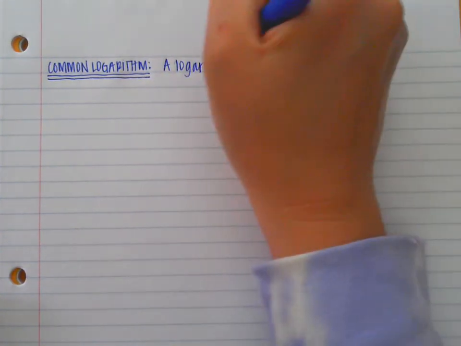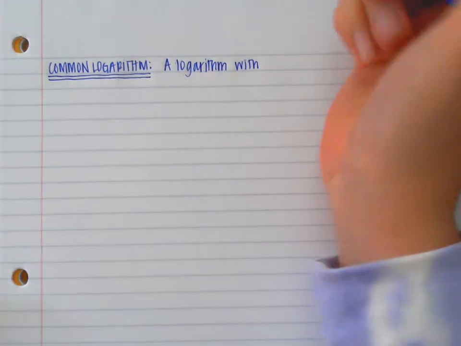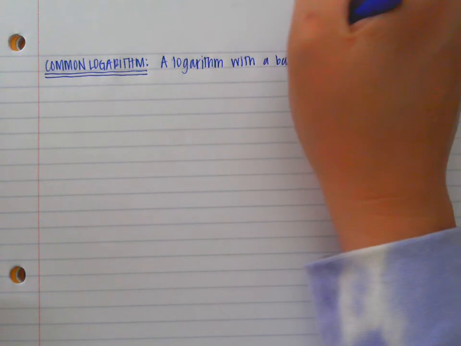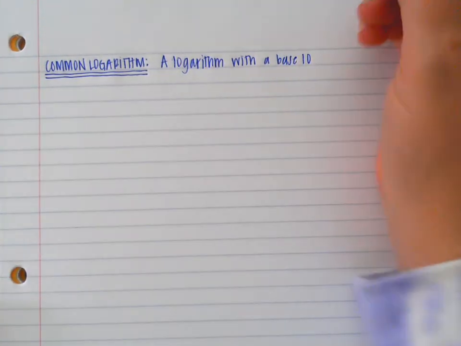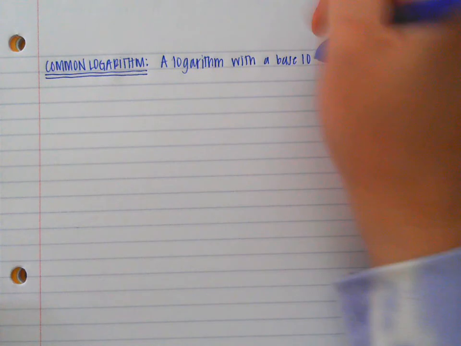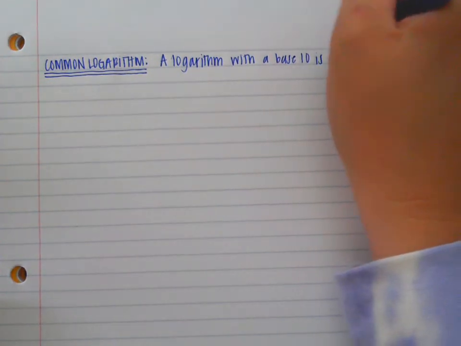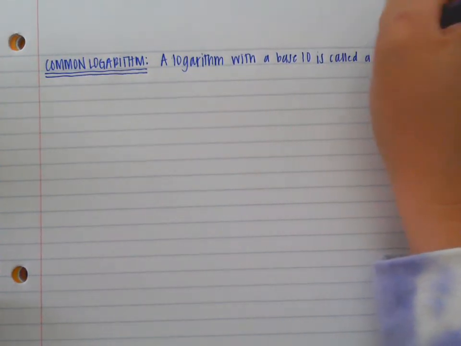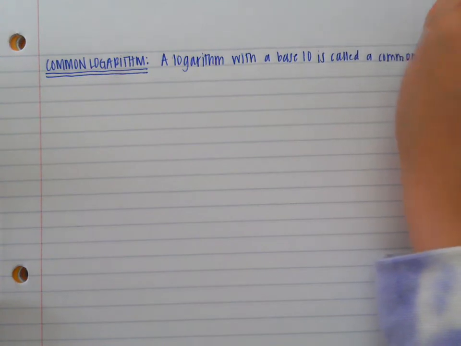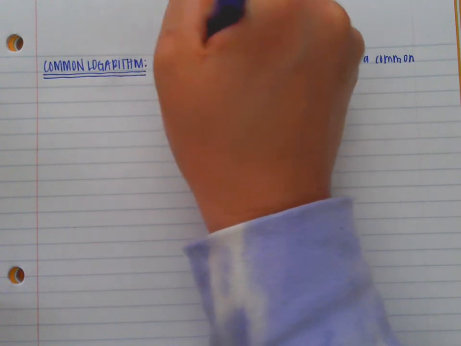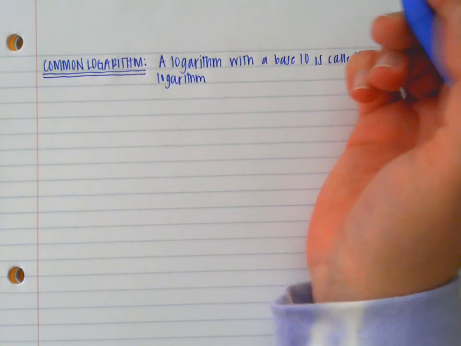Okay, so a logarithm with a base 10 is called a common logarithm and can be written without the base.